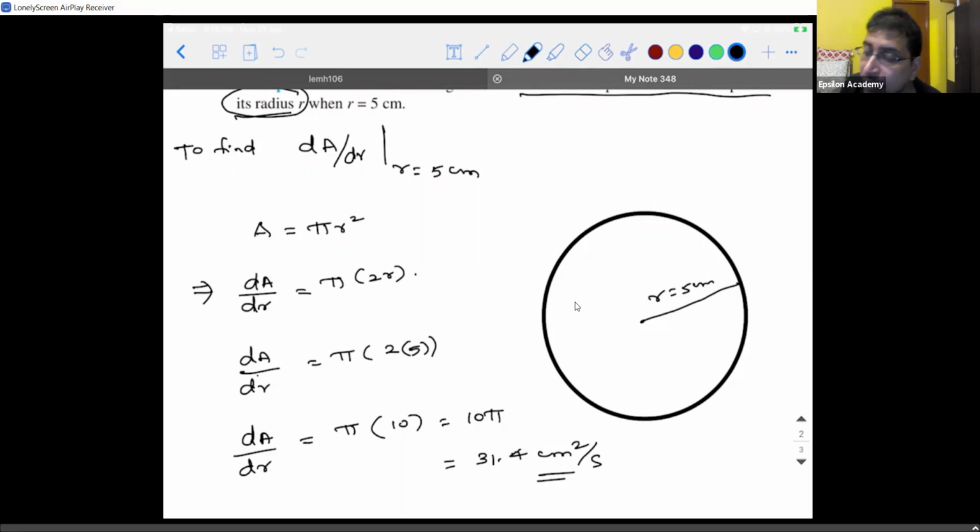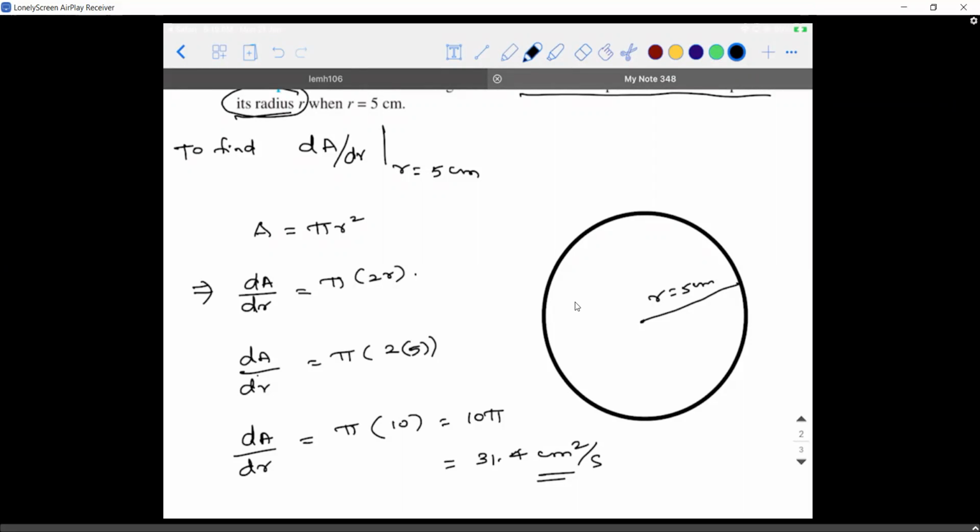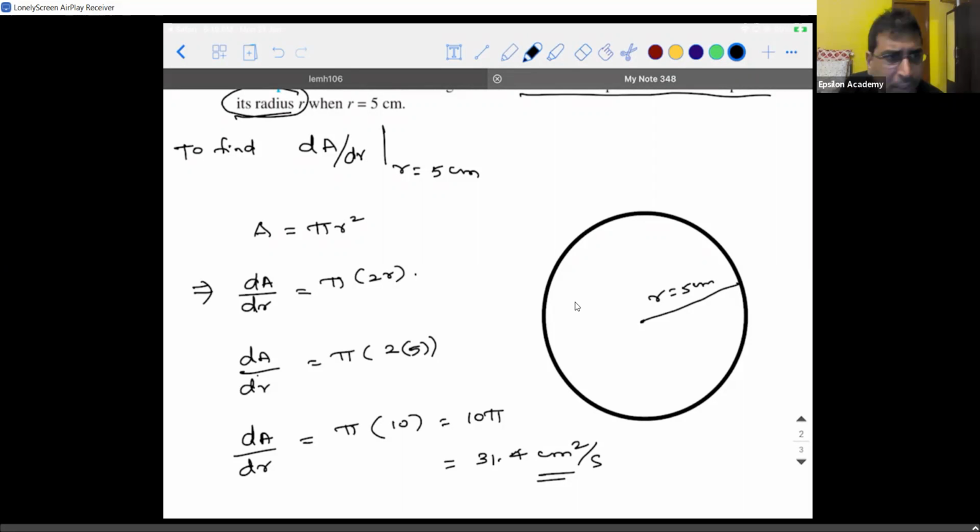Okay, because I differentiated both the sides with respect to r. Derivative of r square is 2r. So then the pi value will be pi, or will it change, sir? Pi is pi only. That will not get disturbed. There is only one value, either 22 by 7 or 3.14. That is fixed. Okay, sir.